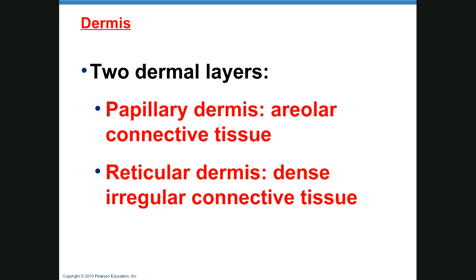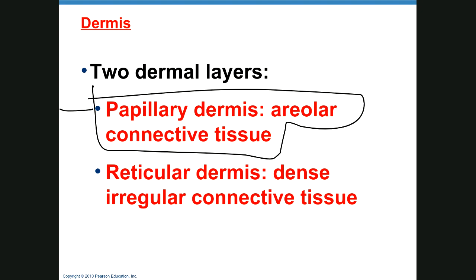The top layer is called the papillary layer, or papillary dermis, and it is made of areolar connective tissue. If you remember last chapter, chapter 4, it spoke of areolar connective tissue as the tissue that was always found underneath the epidermal tissue. So this is the tissue that always supports epidermal tissue above.